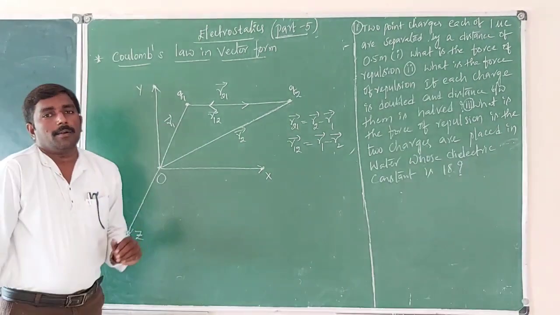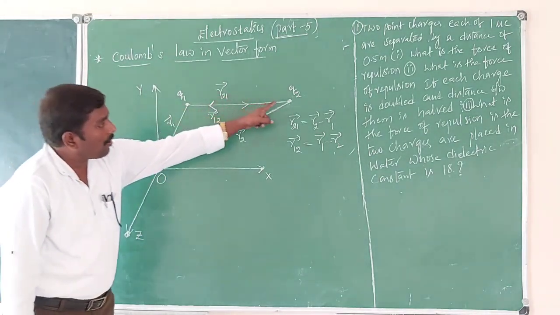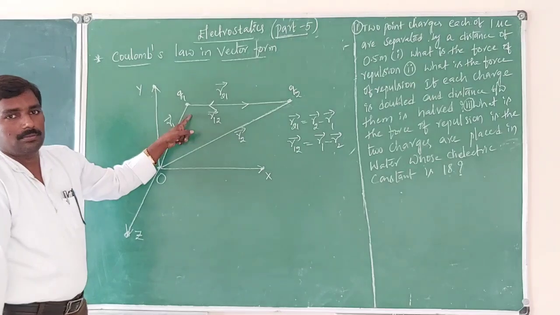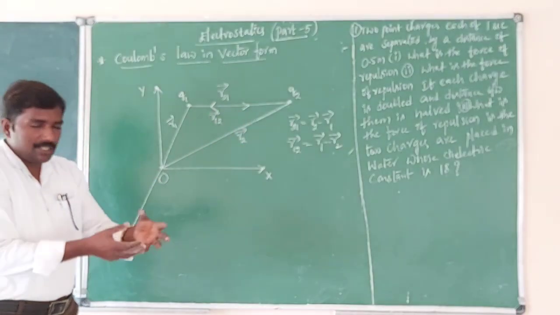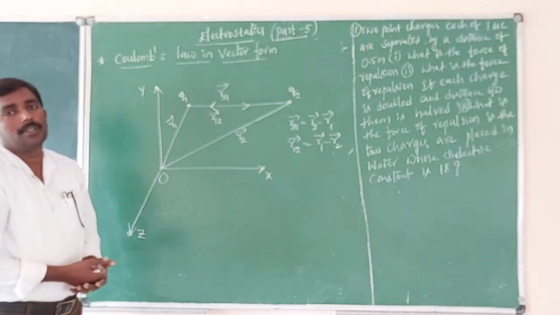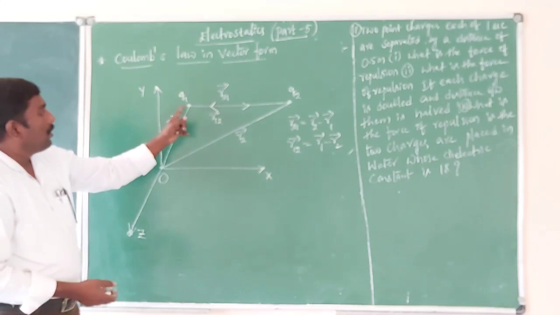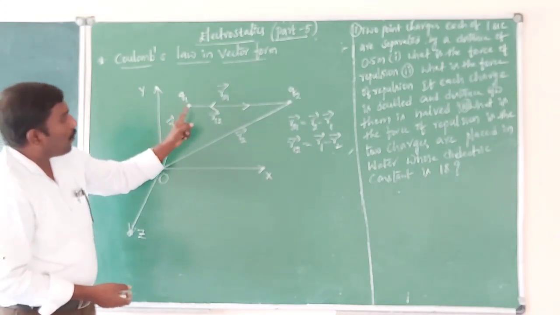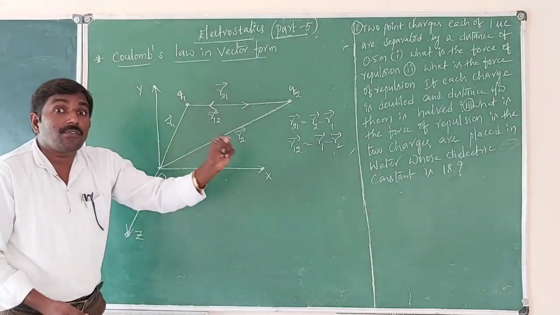According to Coulomb's law, some quantity of force acts on Q2 and Q1. These are two like charges, so there exists a repulsive force between them. What is the direction of force?